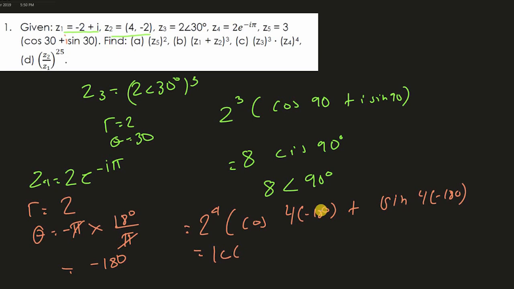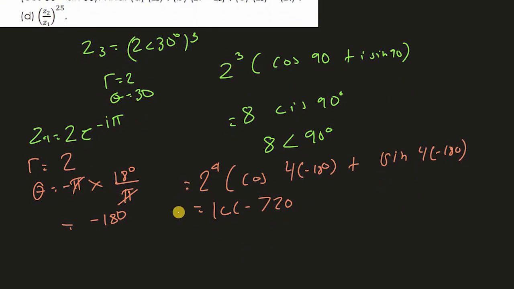Cosine 4 times negative 180. 4 times 180 is negative 720. So, rewriting that, we can write as 16 CIS negative 720 degrees. So, that's 16 angle negative 720 degrees.